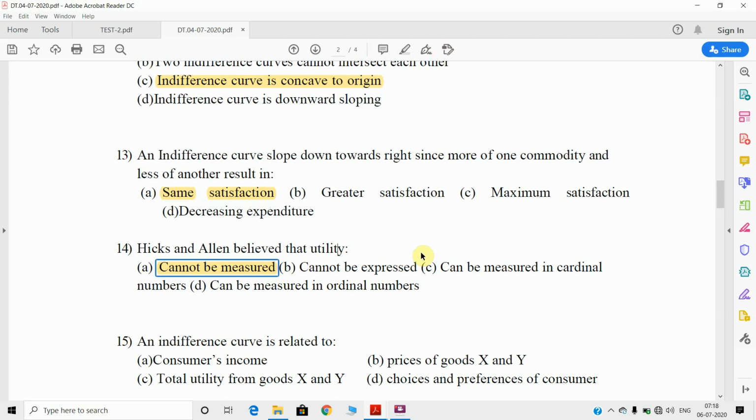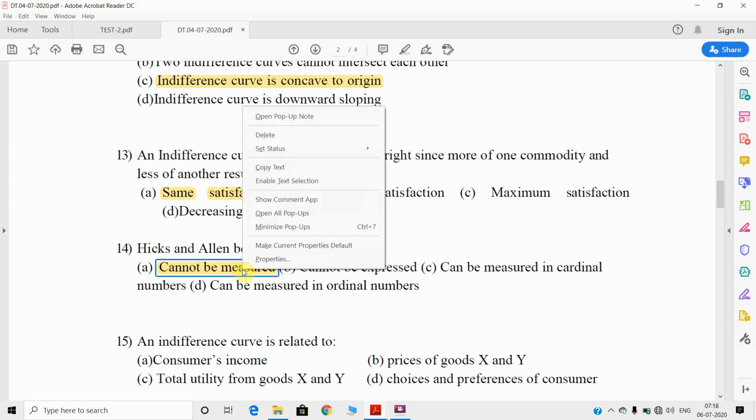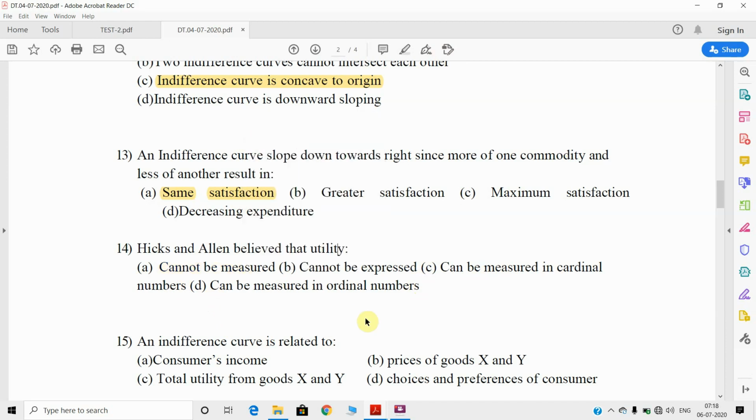It can be measured by ordinal numbers. In the case of cardinal numbers, it is derived by the law of equimarginal utility and the law of diminishing marginal utility, right. So the answer will be D, more appropriate than A.